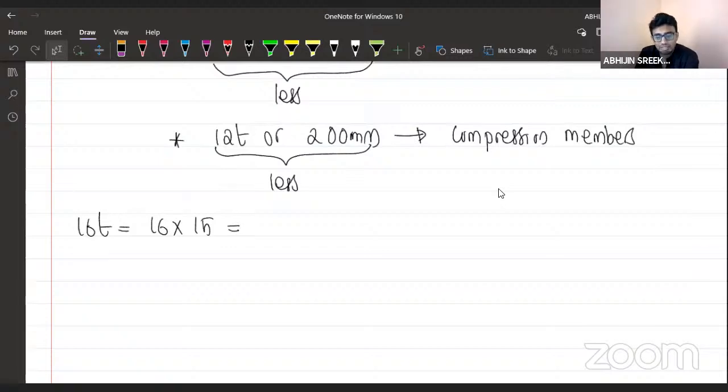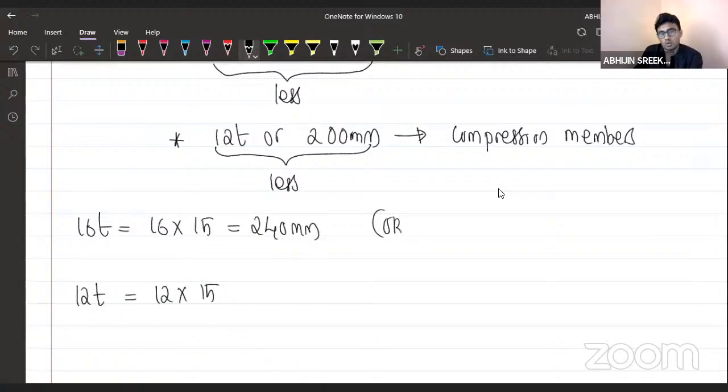16 into 15, what's the answer here? Is it 240? Yes. 12 T, that is 12 into 15. Exactly, it is 240 mm or 200 mm, whichever is less. So for tension members, it is 200 mm.